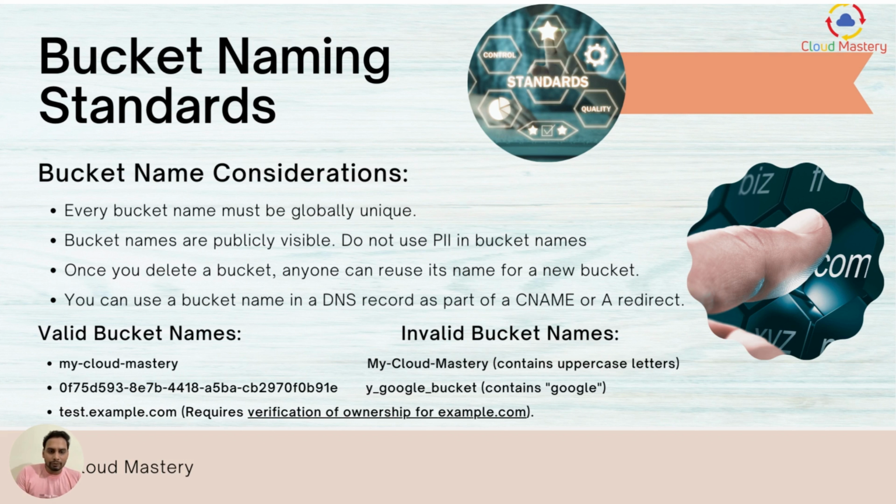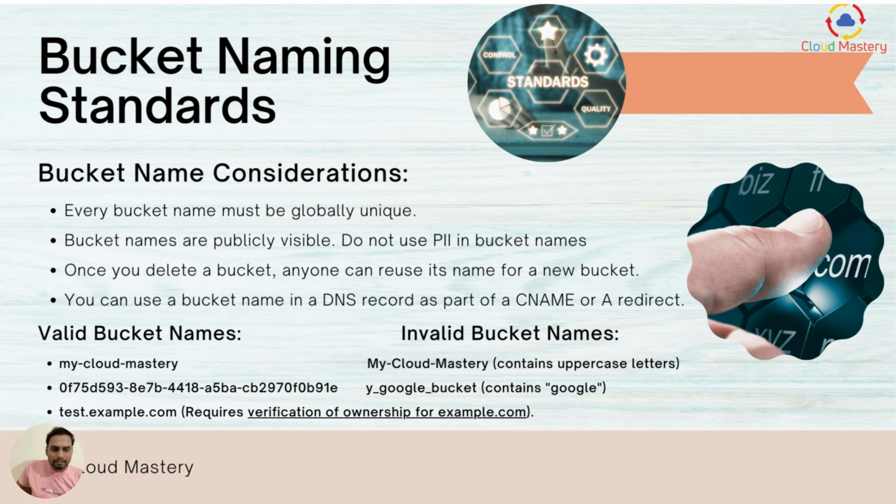You also see the Google keyword within the second invalid bucket name, so this is also invalid. And the third one is a valid bucket name, basically a domain kind of name, test.example.com. The example.com needs to be verified for ownership, so it needs to be a proper domain, example.com, then the bucket name will be valid.